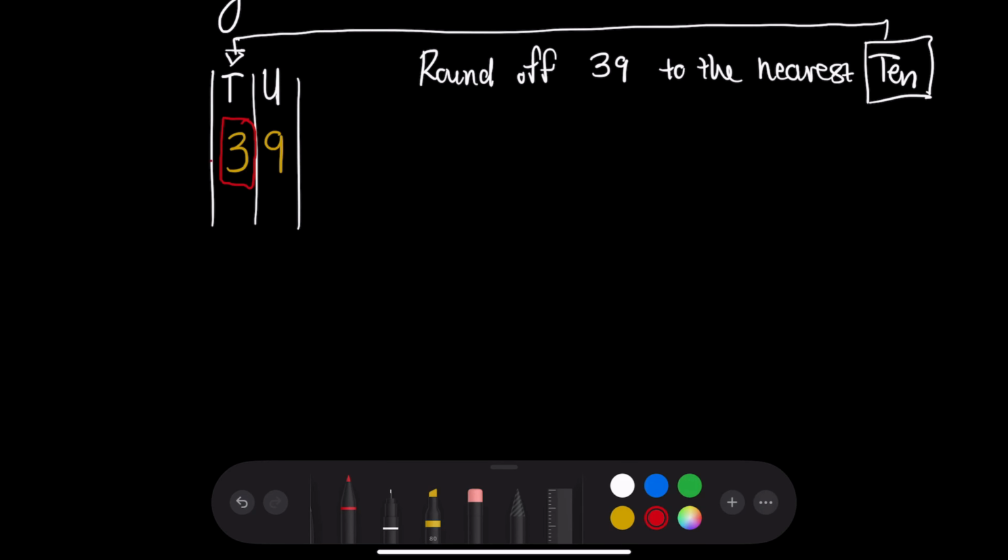We must always remember that when we round off, we look at the particular column or place value that is being considered, and that's what we zoom into. Because this example is asking us to round off to the nearest 10, we immediately look at the tens column. And what is in the tens column?